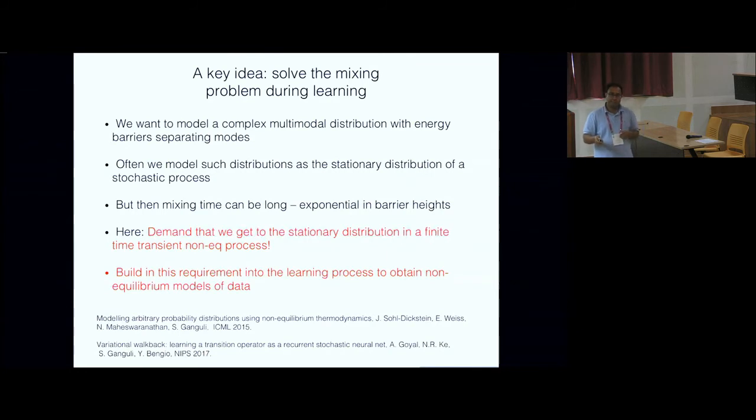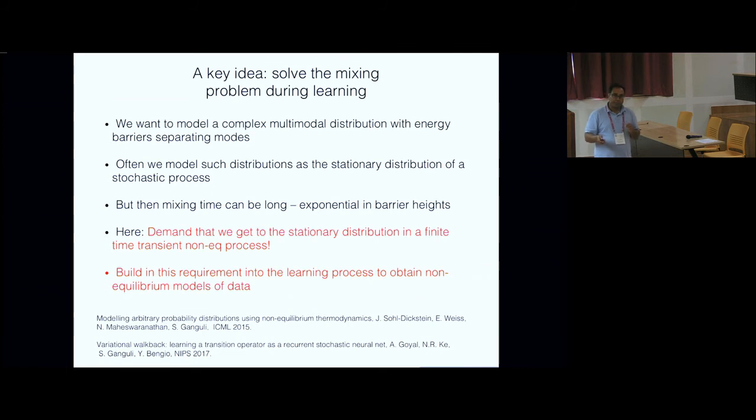But then you have this mixing time problem, right? The mixing time can be quite long. It could be exponential in the barrier heights between different modes. So here, the critical generalizable idea is to forget that entire framework. Do not model the distribution you want as the stationary distribution of any stochastic process. Instead, demand that we get to that distribution in a finite-time transient non-equilibrium process.